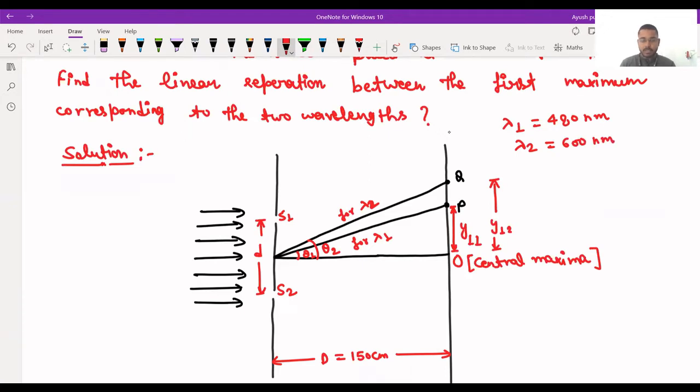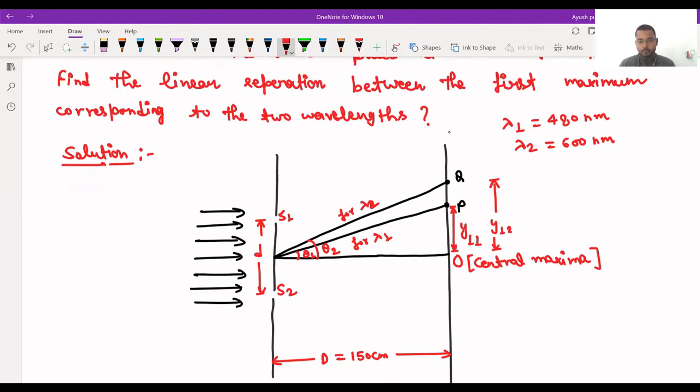Right, two wavelengths 480 nanometer and 600 nanometer are given. Great. So for lambda 1, the light waves are getting interfered at point P and they are making a first maxima. And corresponding to wavelength lambda 2, two waves are getting interfered at point Q and they are making first maxima corresponding to lambda 2 there at point Q.